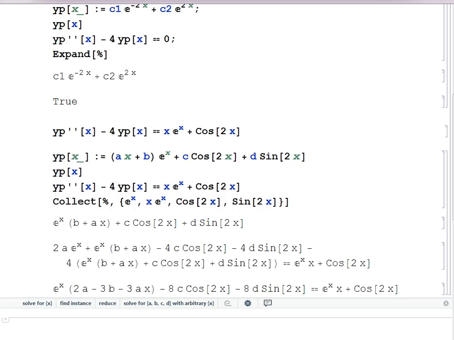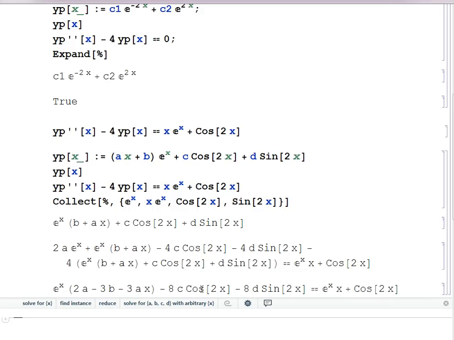Okie dokie. So what do I get? Over here it didn't quite do what I wanted it to do. I wanted it to collect on x e to the x and on e to the x, but I guess these two are too close together for it to collect on that. So that's okay.